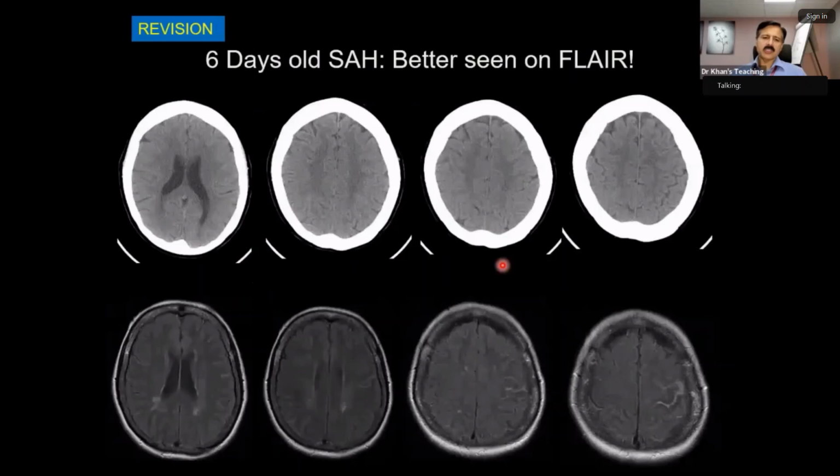Now, this is a revision from your first basic session. This is a 6 days old subarachnoid hemorrhage, which was not at all visible at that stage in the CT scan. Here on the MR, it is bright signal within the sulci.